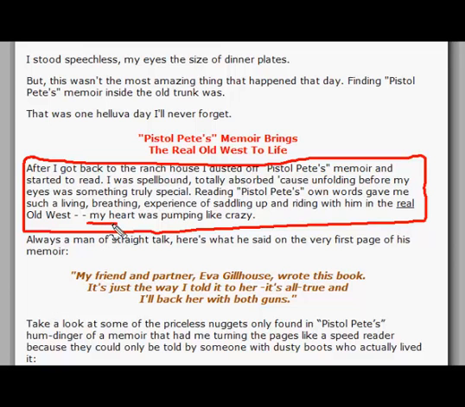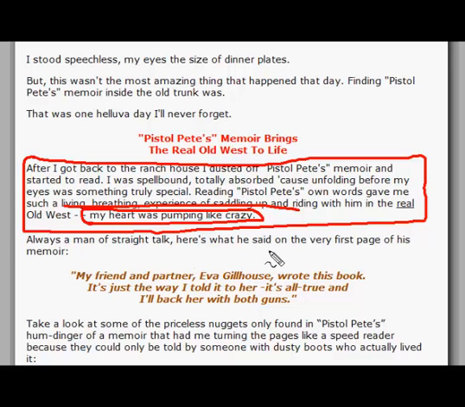For example, you said, my heart was pumping like crazy. This is showing your living and breathing experience. Paint a picture of someone who is excited, and I think you did a good job here in doing that. But keep that in mind with the other parts of the letter as well.